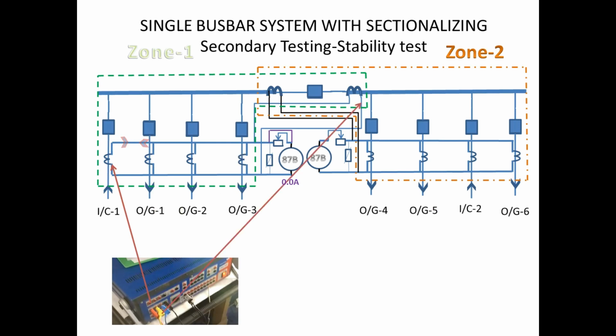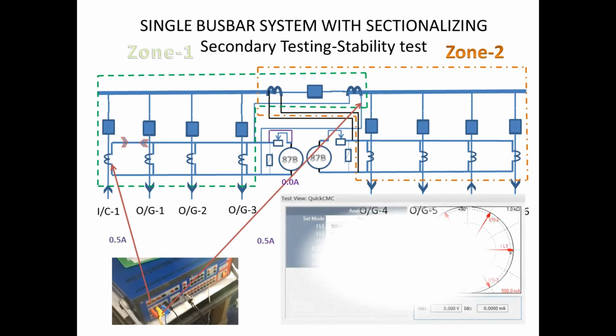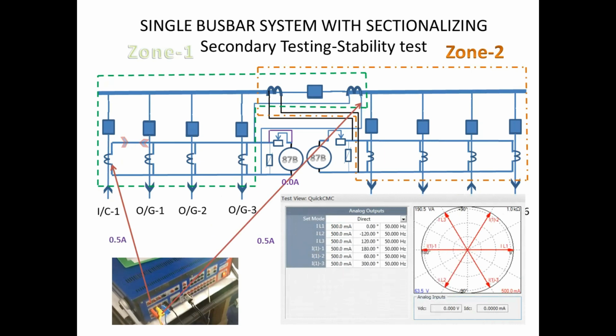Same way we have to check for all outgoing including the bus coupler CT also. Similarly for zone 2.